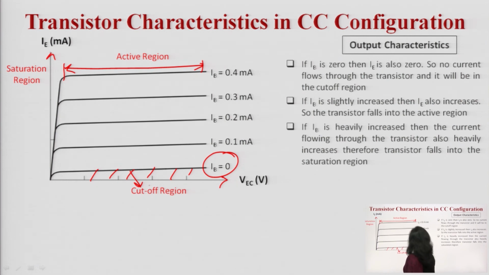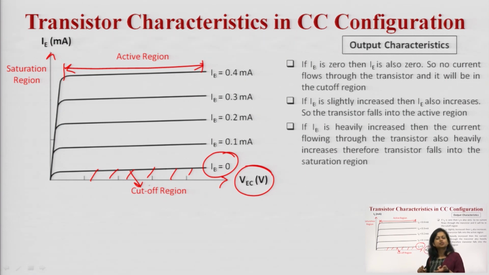But if you decrease this particular value, VEC, what will happen? By decreasing this value to less than 0, meaning some negative values, the collector base junction will also become forward biased, because initially it was reverse biased.